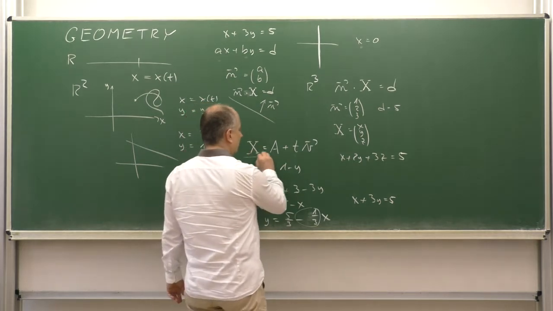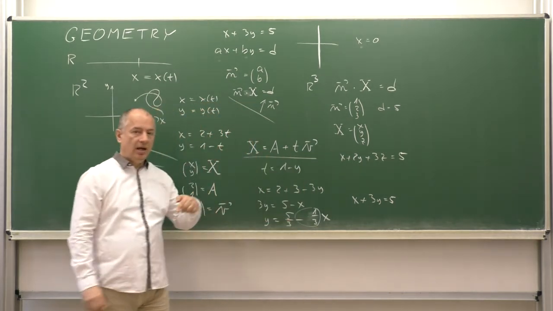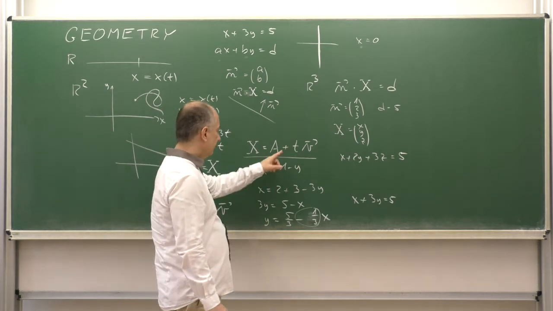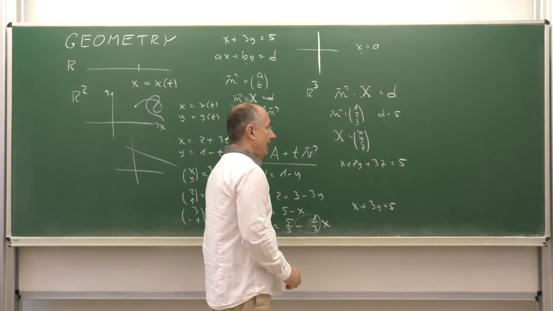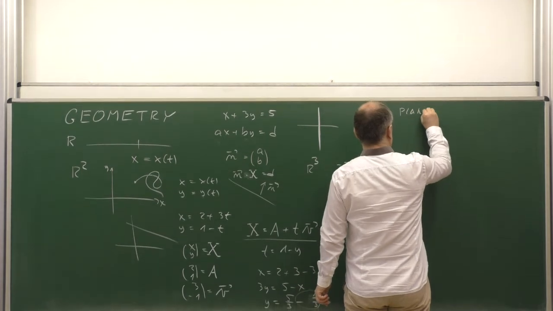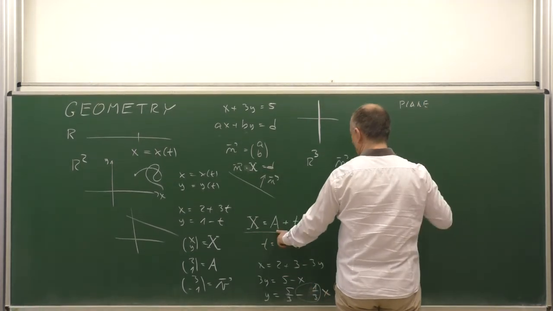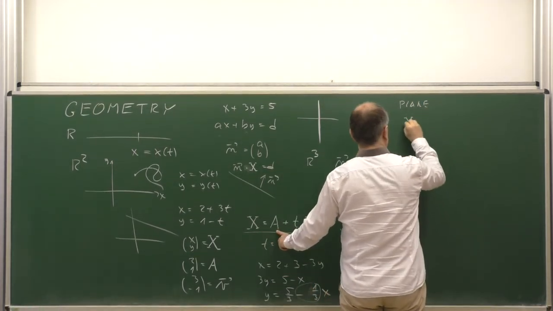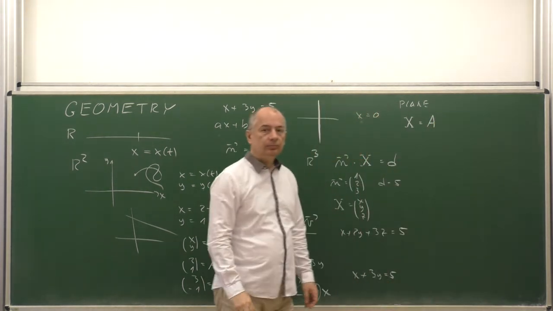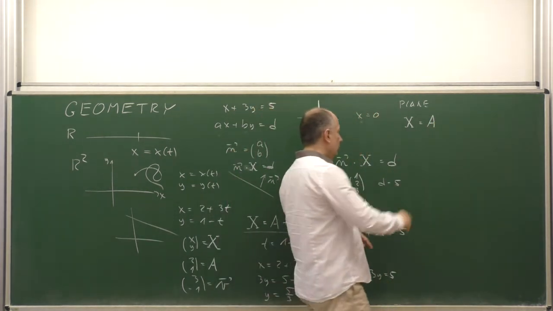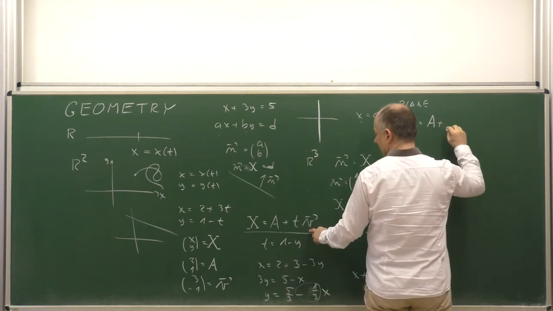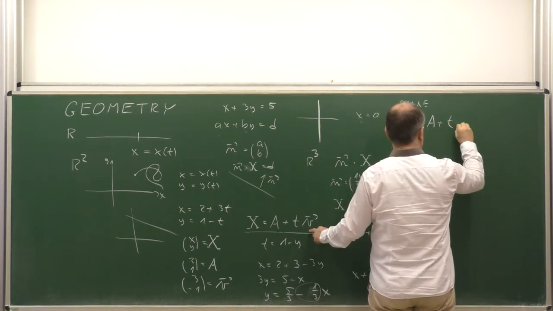To describe a plane, we start with a point A, and then we can move away from this point in the direction of the vector v.